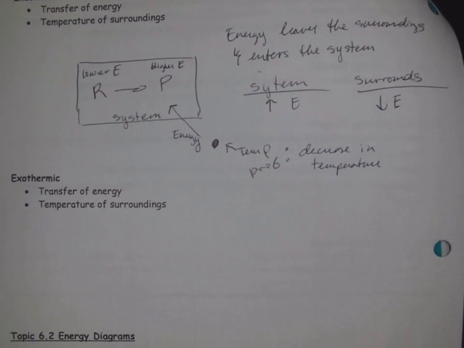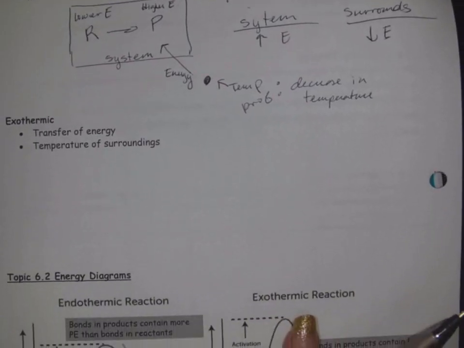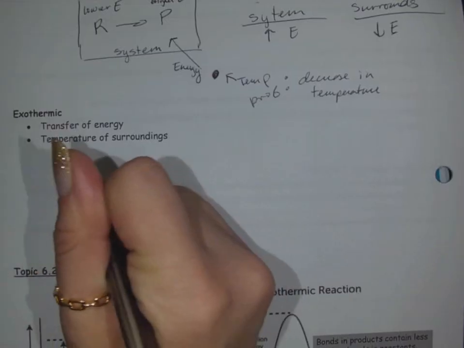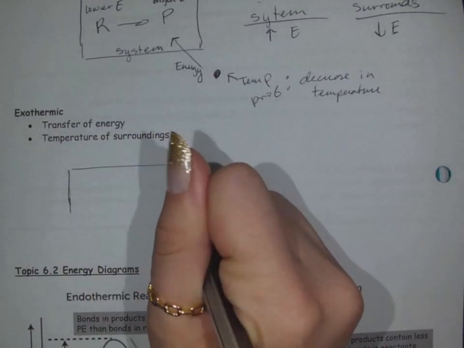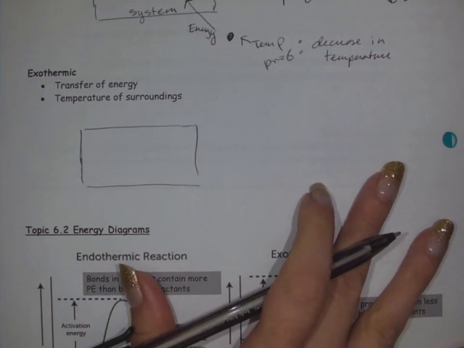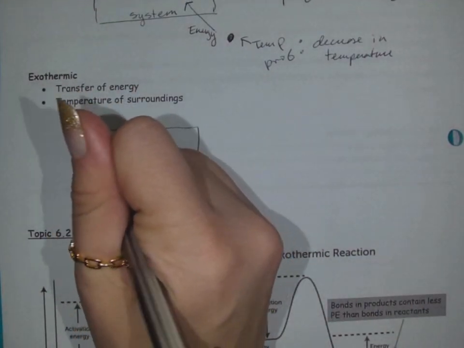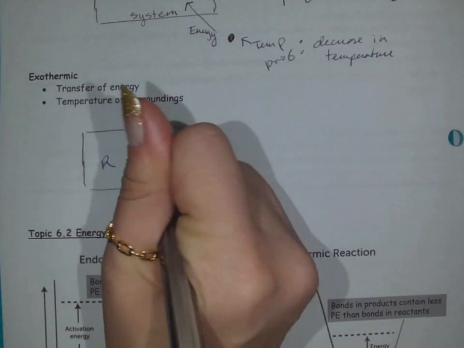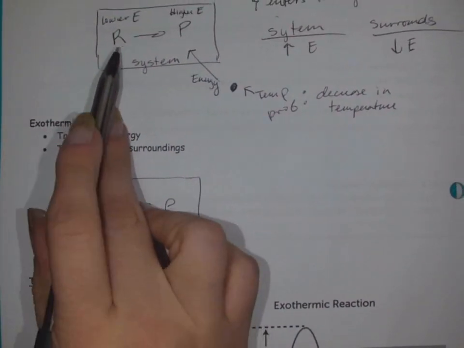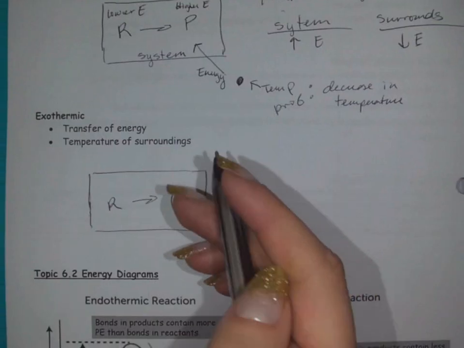Exothermic is the exact opposite of this. So when it's exothermic, again, I'm going to be checking, I want to be seeing all of these notes during class that they're already done. Okay, reactants turning into products. And this time, instead of reactants being lower energy and products being higher, it's the opposite.